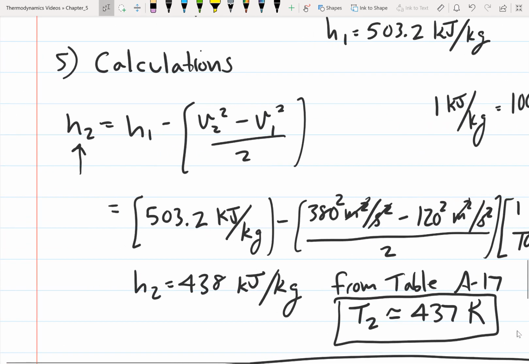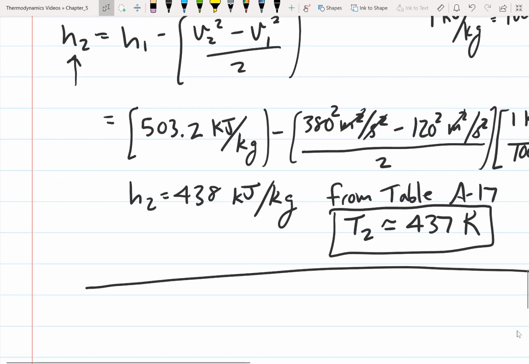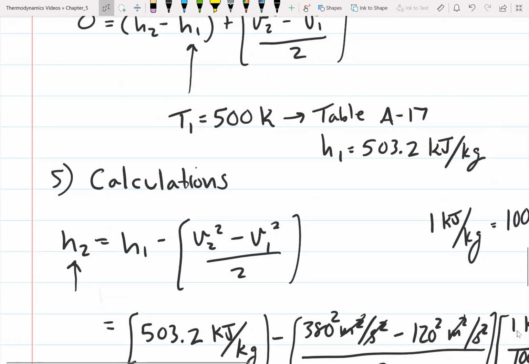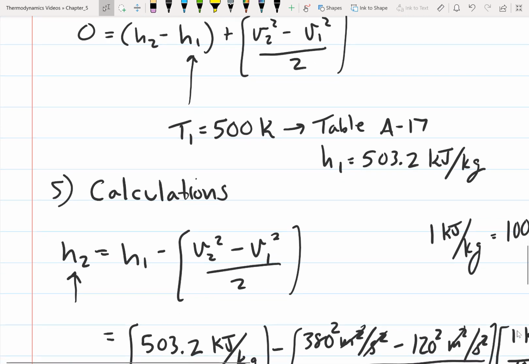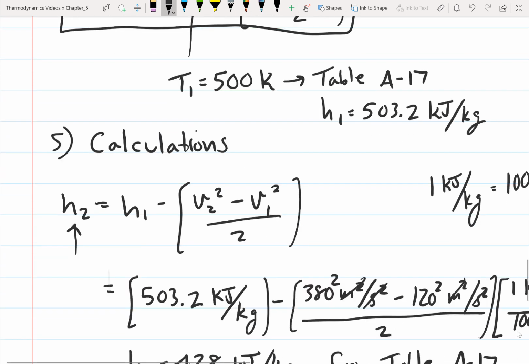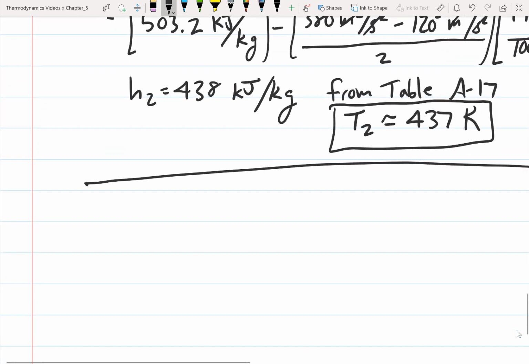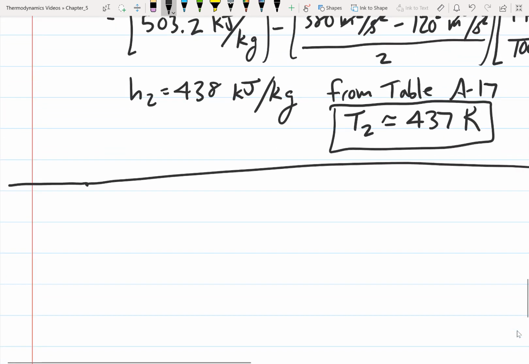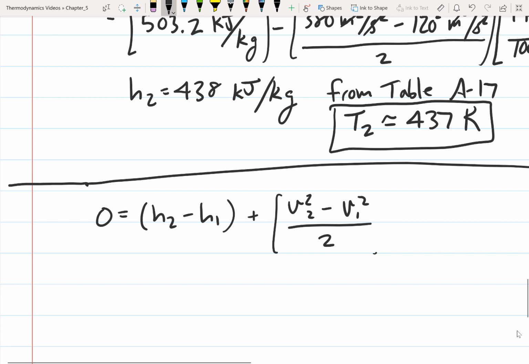Now let's look at how we would do this if we wanted to assume specific heats. I'm going to go back to this equation and resolve it using specific heats. Remember, you don't need to do this both ways. I'm just showing you both ways so that you know that you can do it either way. So 0 is equal to H2 minus H1 plus (V2 squared minus V1 squared) over 2.